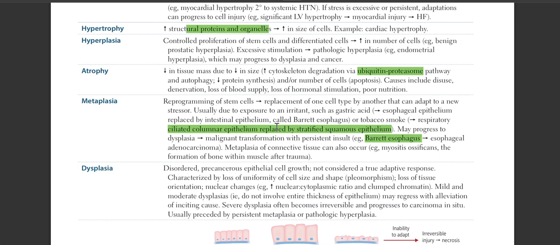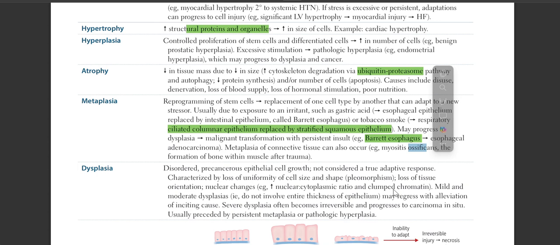Yes, 16 and 18. Now, those are the three important ones, but there are multiple different metaplasias. Here they talk about myositis ossificans. So even if you were to break the name, it says myo, so muscle, itis, inflammation, and ossify, that means turns into bone.